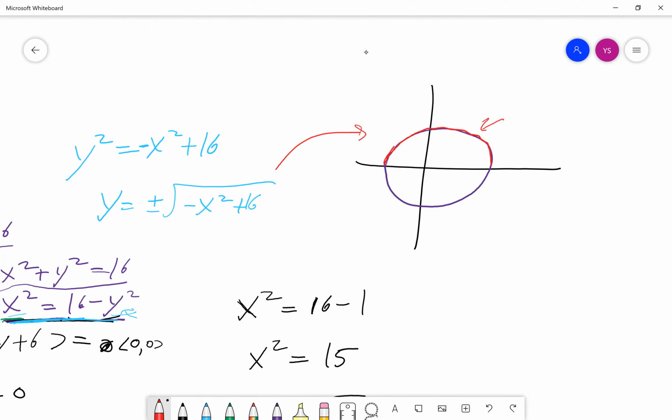So this corresponds to the square root of -x squared plus 16. And we can call this D1. That's your first component of your boundary. And then the bottom part, which is D2, which is, let's say, negative square root of -x squared plus 16.